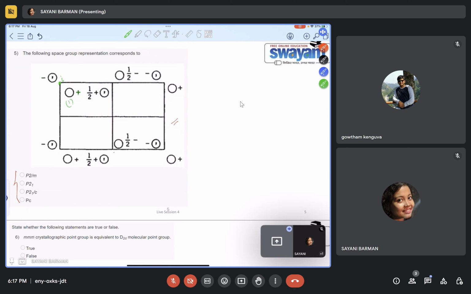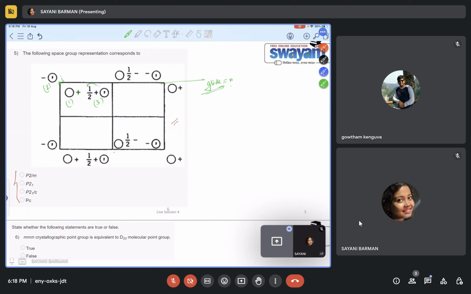And we are also seeing, let's say this is the number 2 point. And in the number 3 point, we can say that there is some plus translation along this direction, right? So we can say that there must be some glide plane here.